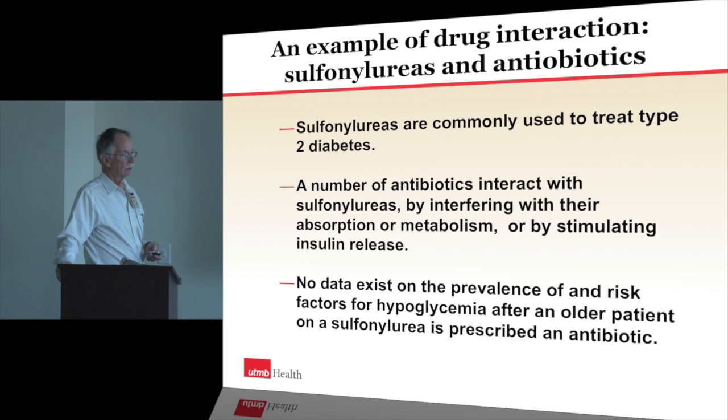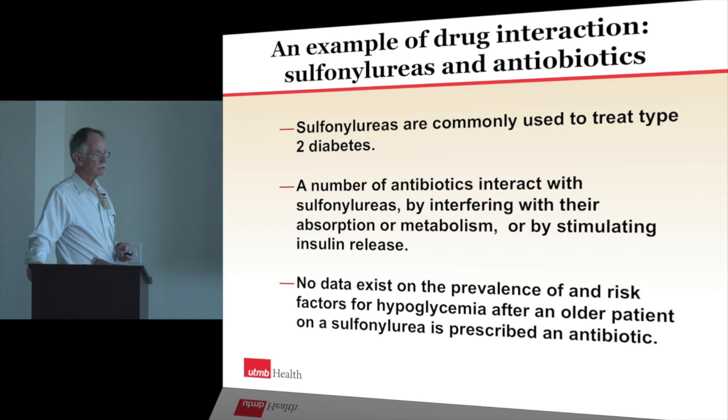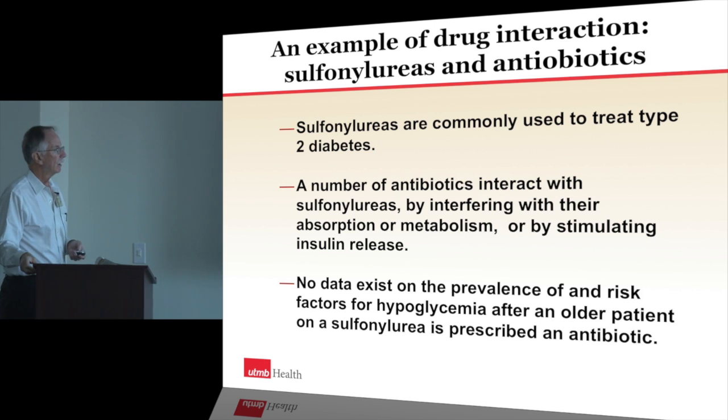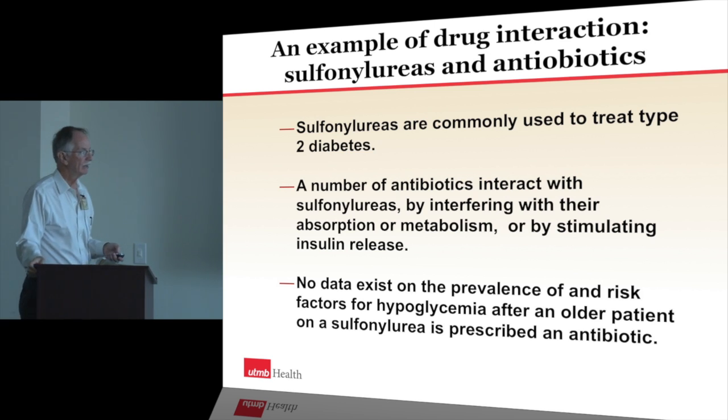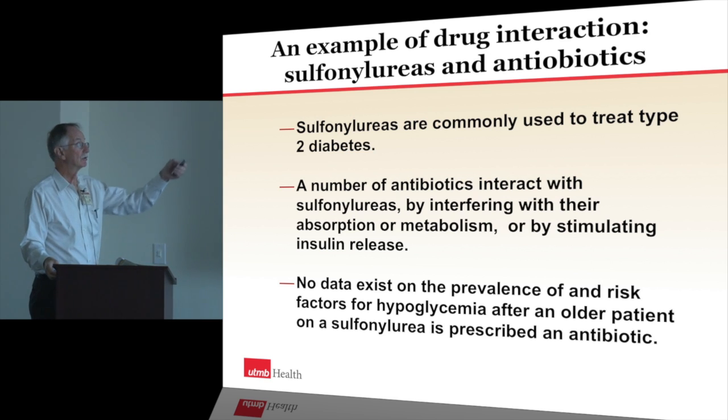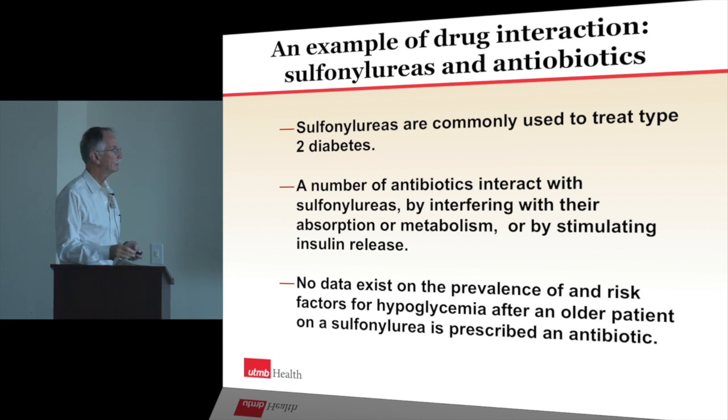Adult onset diabetes is usually not treated with insulin. And this was the number one drug. I think maybe metformin may be the number one drug now, but these drugs are still very, very frequently used in the U.S.